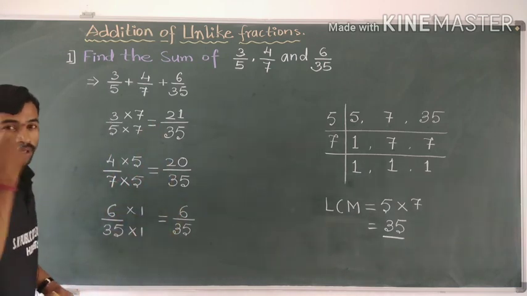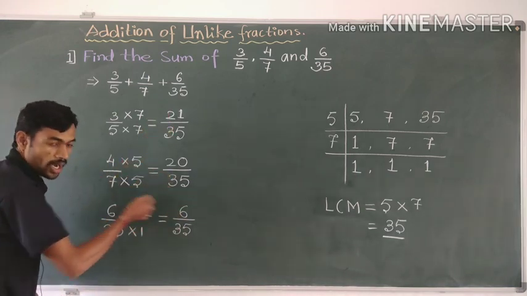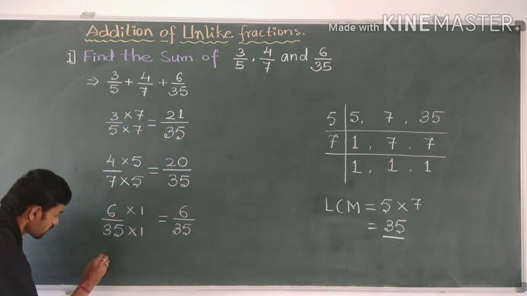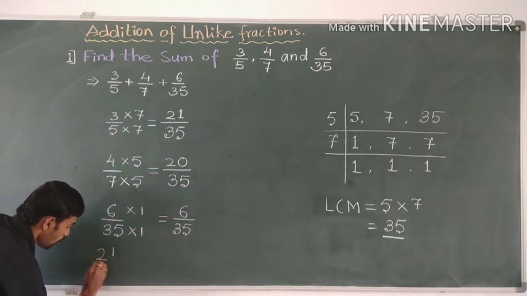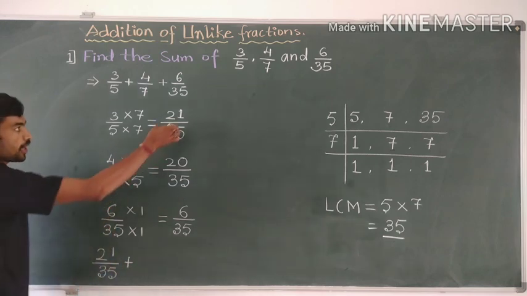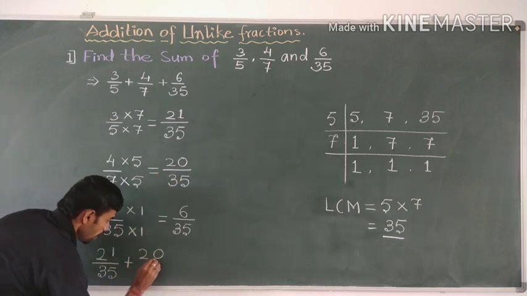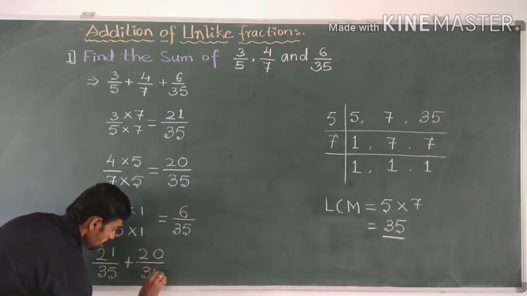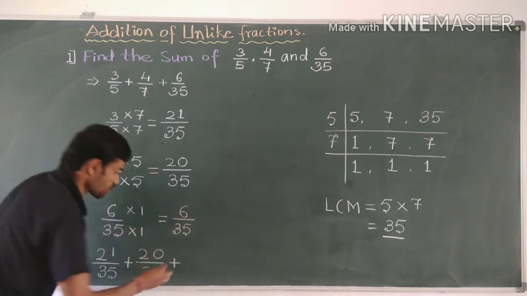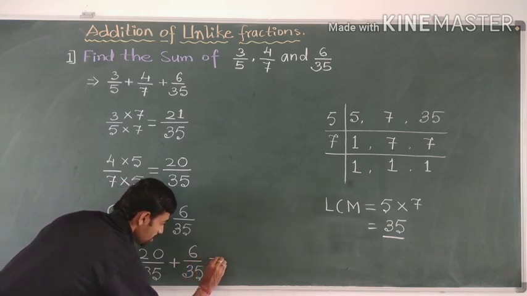In the previous class we have used a formula. The same formula we have to use to find the sum. The first fraction is 21 by 35, the next fraction is 20 by 35 plus the third fraction, 6 by 35.